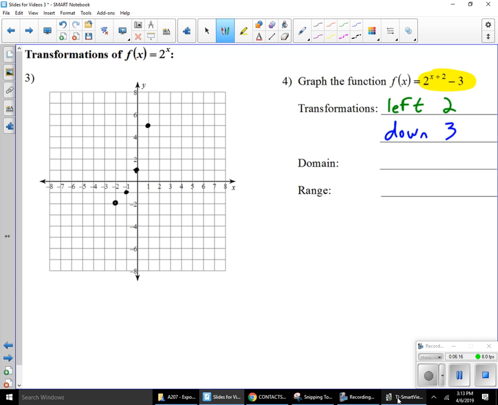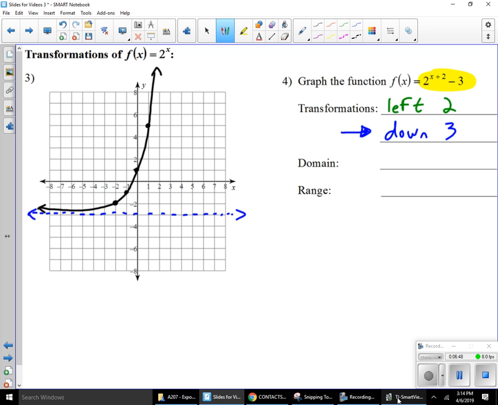Now we want to let the asymptote help us. That down 3 is going to shift the asymptote down 3 units as well. So just like with rationals, you can think of an asymptote as a line the graph is not allowed to cross. In this case, the graph will hug that asymptote out to infinity, but again, it's not going to cross it there on the left-hand side.